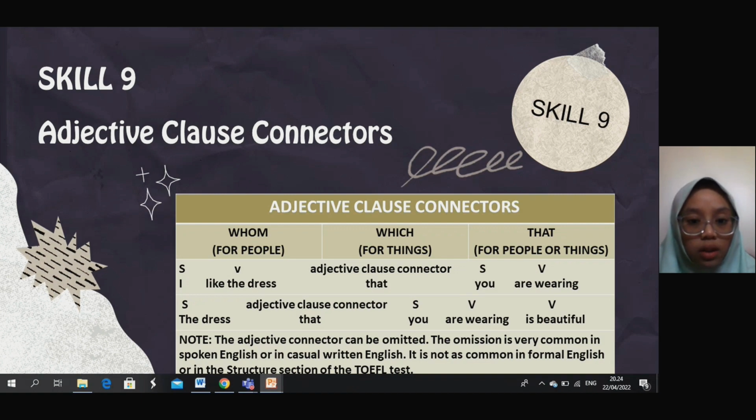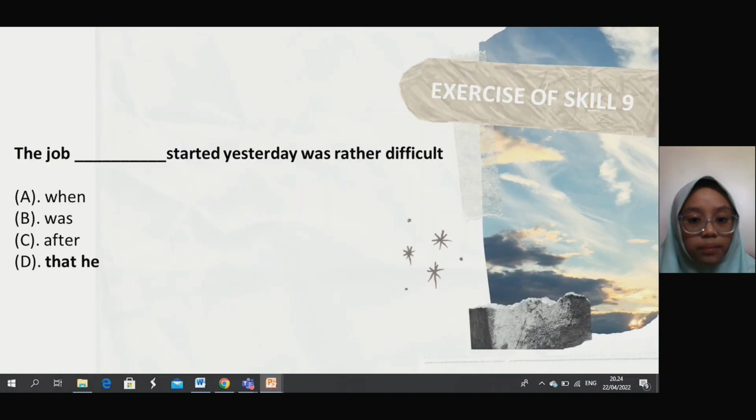For example, A subject, like the dress as verb, that is connector, you as a subject, and are wearing as verb.